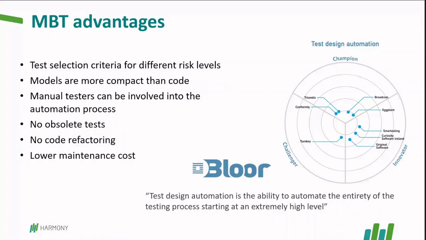Here, we are applying models because the models are more compact than the code and more compact than a very detailed description, because when we use a model, we extract the essential part of the system and we neglect all the unnecessary part, which is not necessary, for example, for the testing.